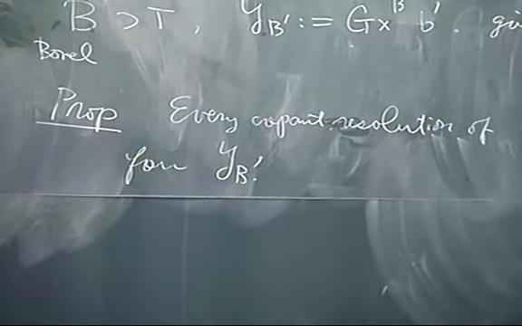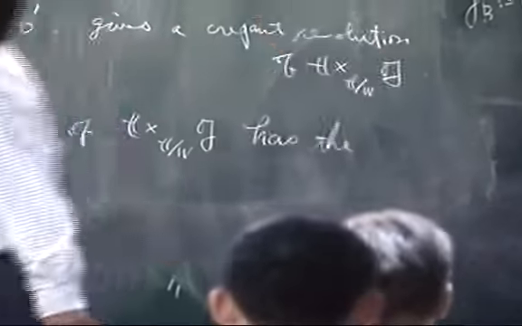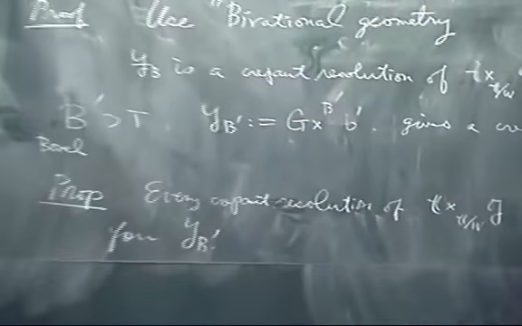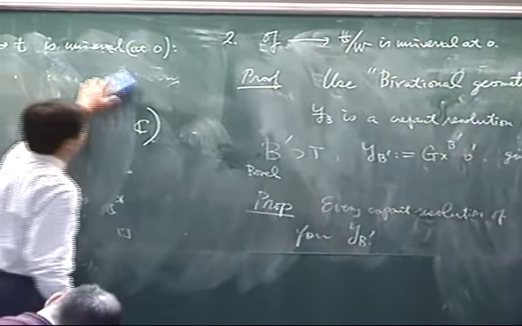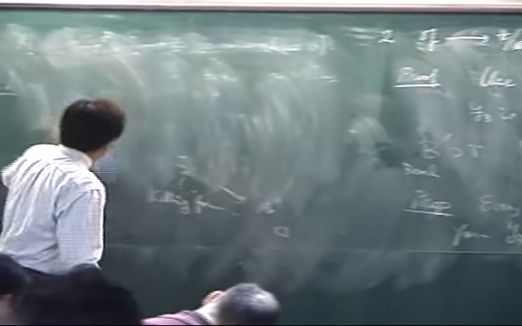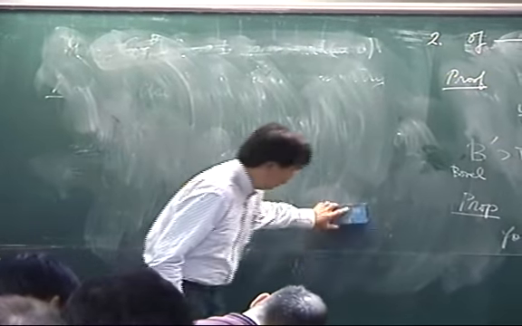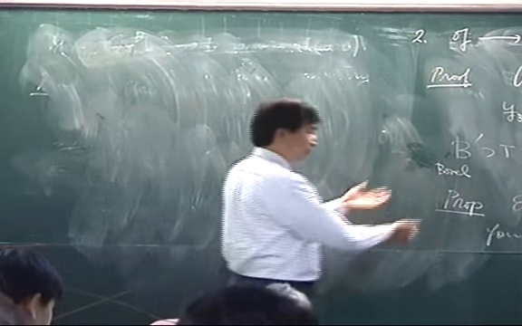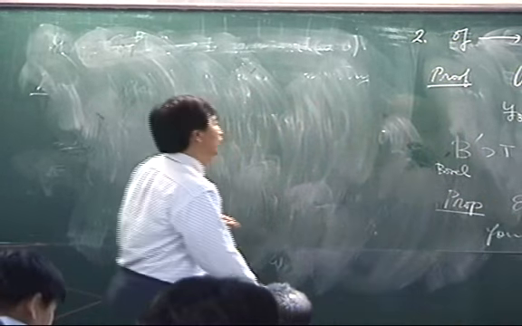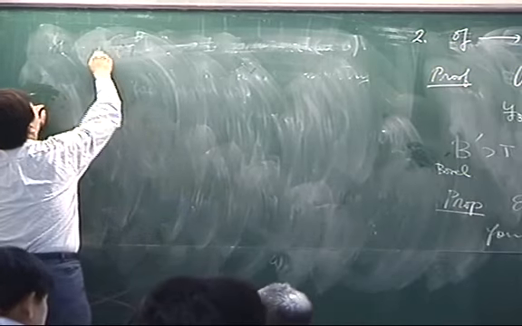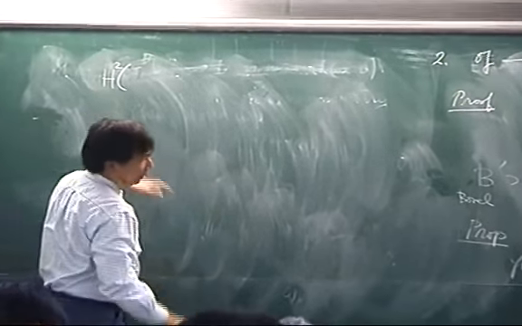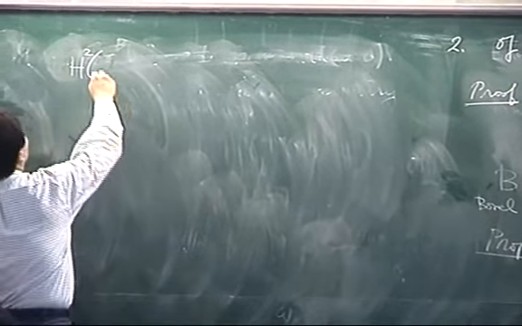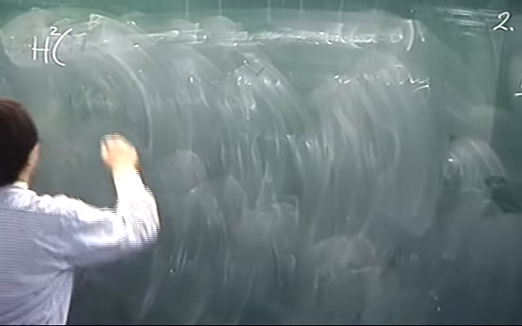Okay. So by using the cone theory of birational geometry, one can understand the situation of those things. So let's consider the space of divisors.